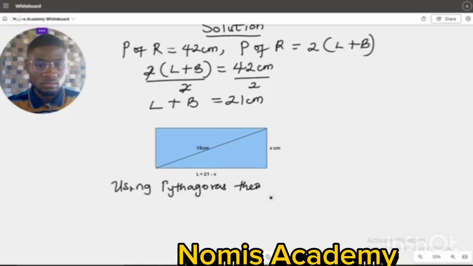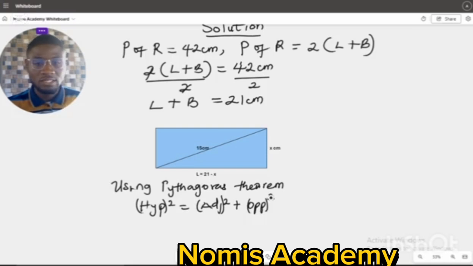So we remember that hypotenuse squared is equal to adjacent squared plus opposite squared.